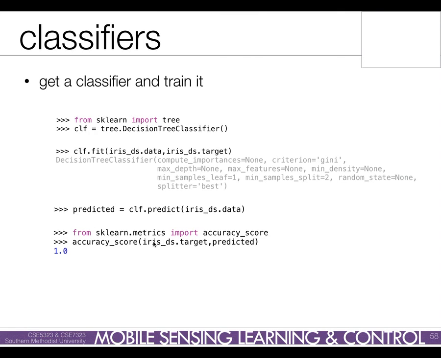My accuracy score is, let's look, this is the targets that I want, and these are the predicted values, and I get back 1. What does that mean? It means you have a perfect score because you compared exactly what you trained it with as the prediction set. I just predicted all of the labels from my training. This is called resubstitution.